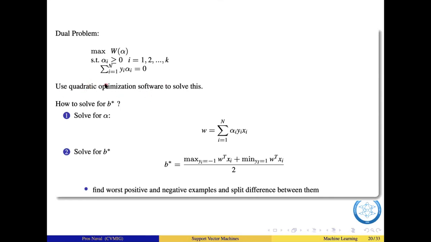A guy named John Platt from Microsoft released it to the rest of the world. So I don't know how long Osuna's glory was. So short-lived glory, no? Because now no one pays attention to his algorithm.